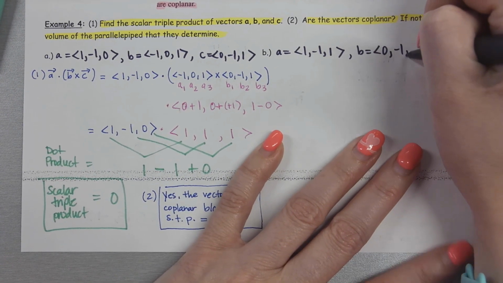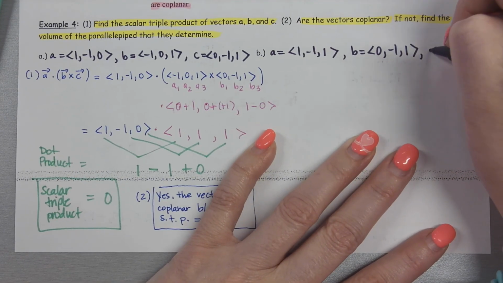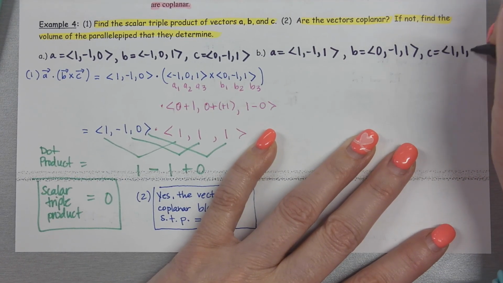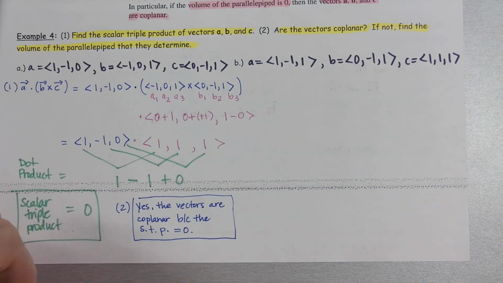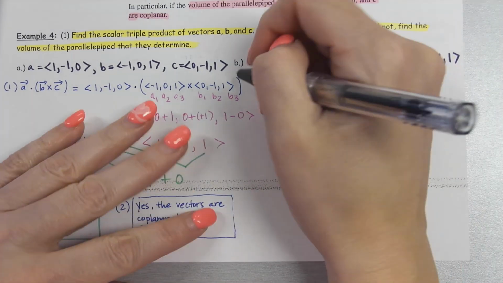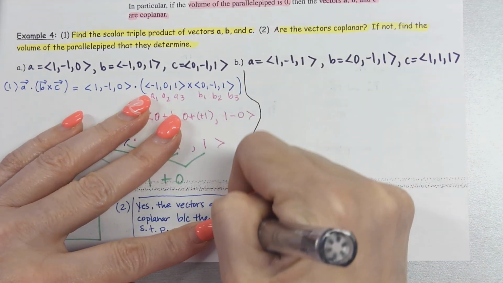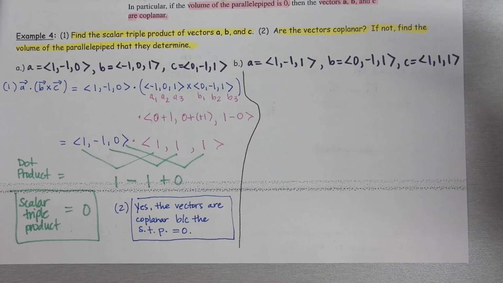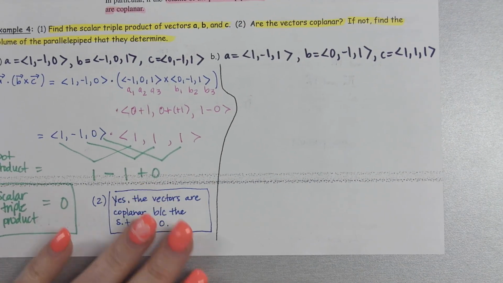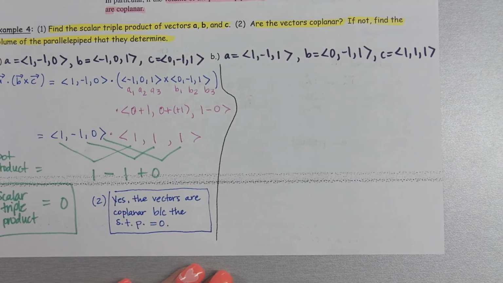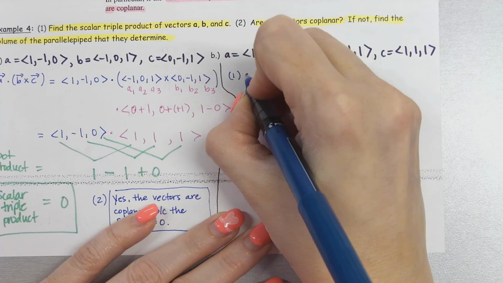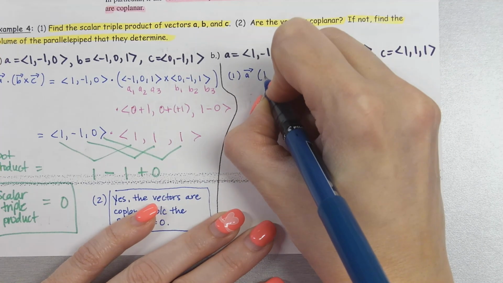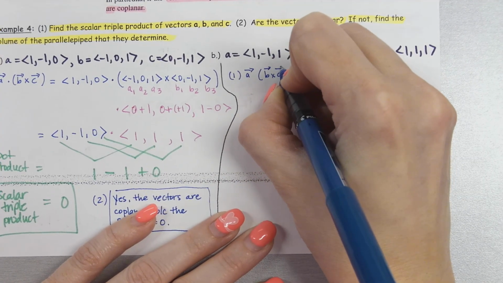We have 0, negative 1, 1, and 1, 1, 1. Alright, so I want you to do step 1, where you're finding your cross product.